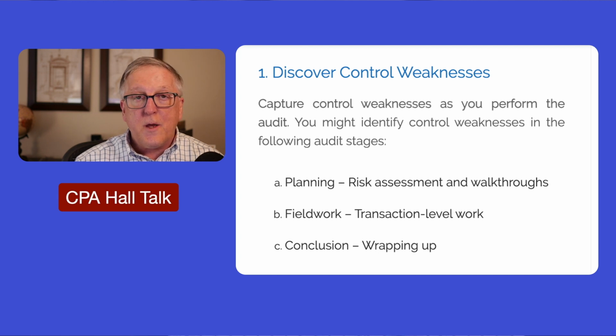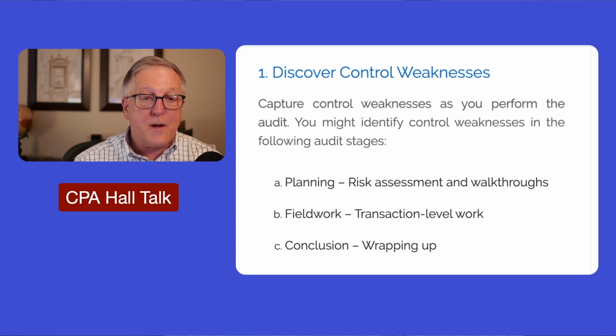Now, there's 3 main places you're going to identify control weaknesses. The first is in the planning or the risk assessment stage of the engagement. I find that when I do walkthroughs, I run into control weaknesses. I bet that's your experience as well. And then sometimes I'm doing the transaction level work.